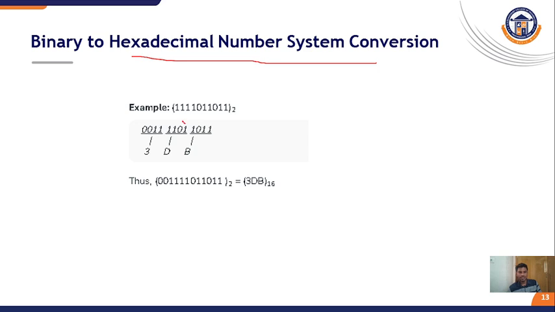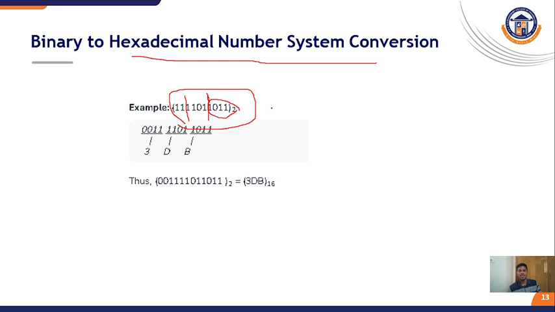So next, binary to hexadecimal number. If this is the given binary number, we can convert this into hexadecimal. For converting this into hexadecimal, we have to split the given binary number into 4 digits from the LSB. The first group in decimal is 11.